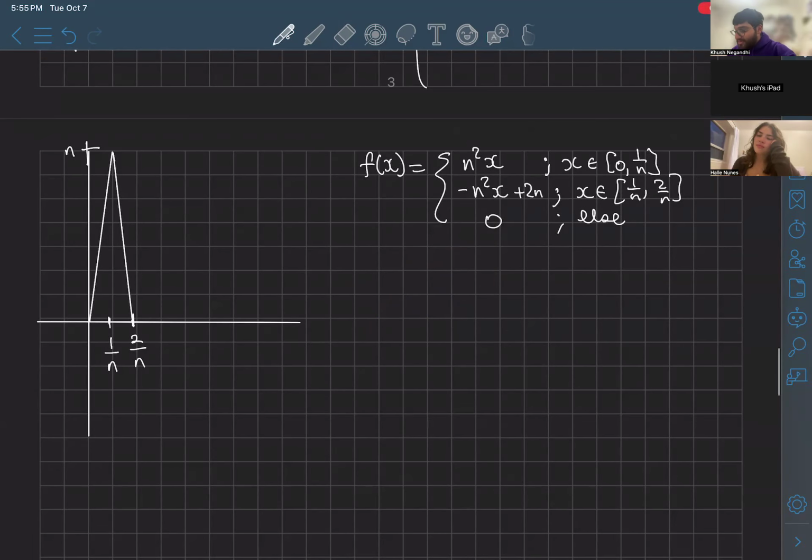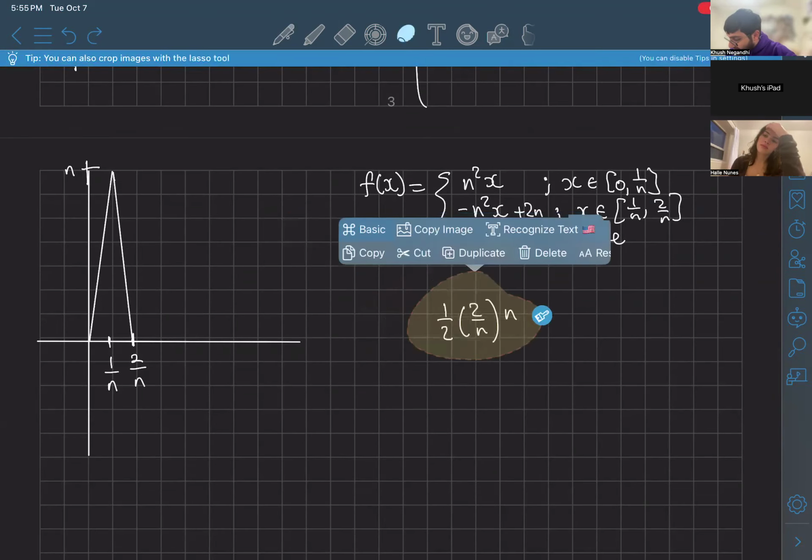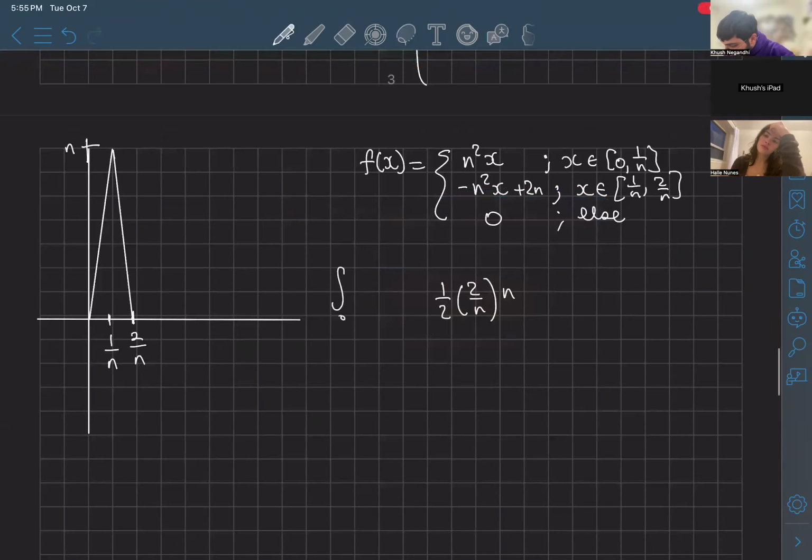But one thing you might have noticed is the integral. So the integral from 0 to 1 of fn of x dx is equal to 1/2 times 2 over n times n, which is 1. And clearly the integral of the zero function is not 1, right?